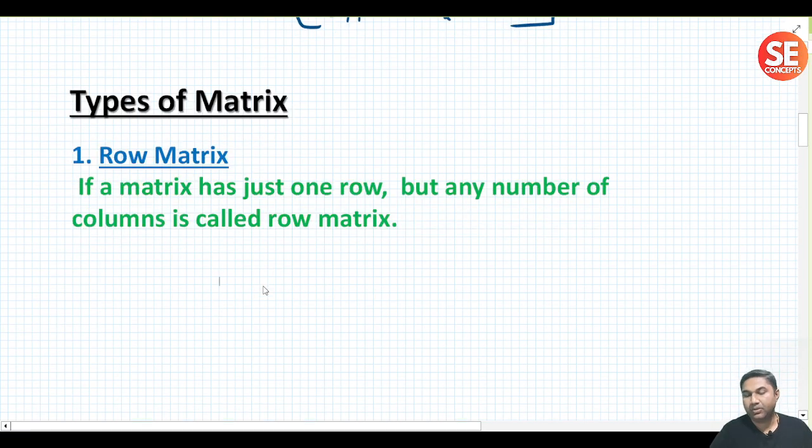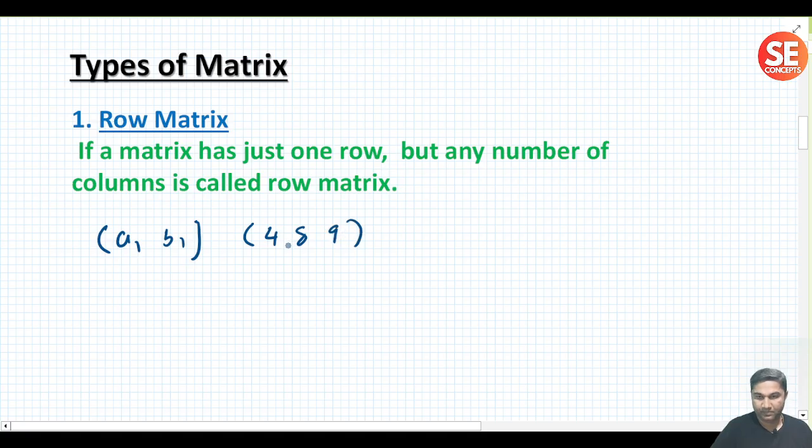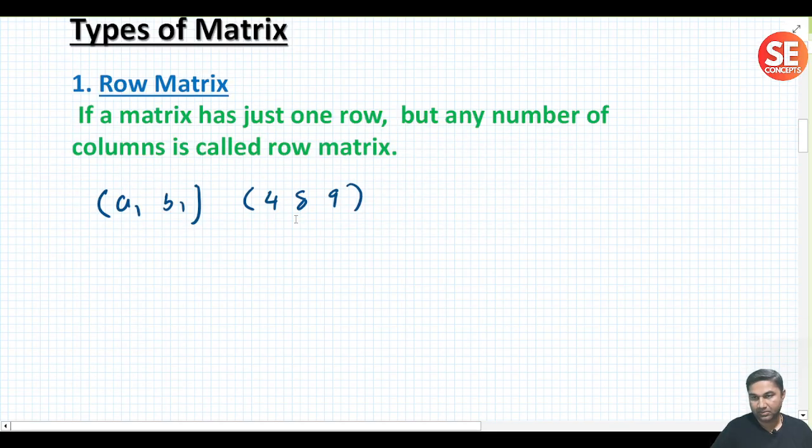First we'll go with the very simple one, the row matrix. A row matrix is nothing but all numbers written in one single row, like A1, B1, or numbers like 4, 8, 9. This is a simple row matrix, only one row, no columns, no second row, no third row.